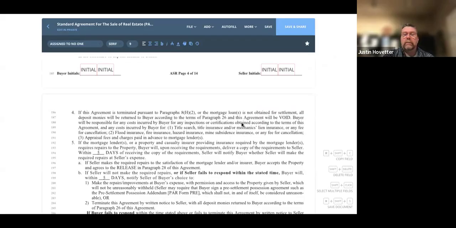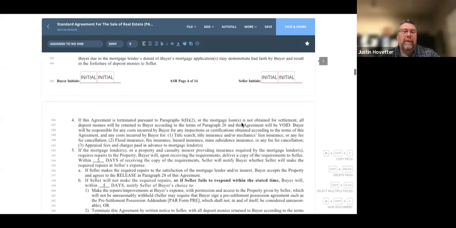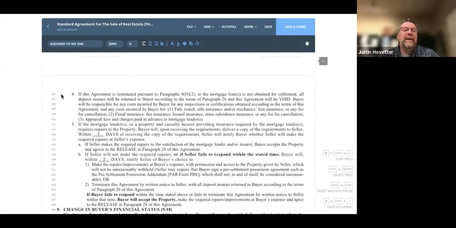So, what happens if you don't get mortgage commitment? You can't get the mortgage. Either the seller can terminate the deal and just get back on the market, or the day after closing, you're going to reach out and say, according to this paragraph, line 186, this contract is void and the buyer gets their money back.